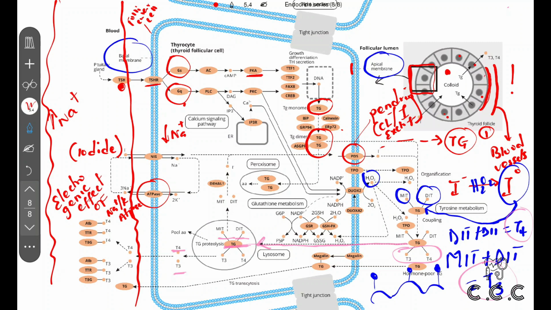So what happens is that we have thyroxine-binding globulin, we have transthyretin, and we have albumin. These are structurally important binding globulins that anchor to the T3 or the T4 of thyroid hormones.